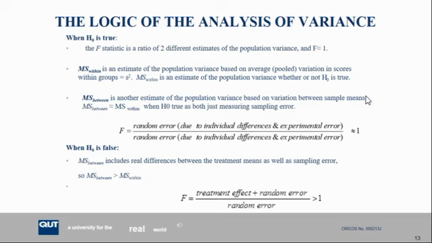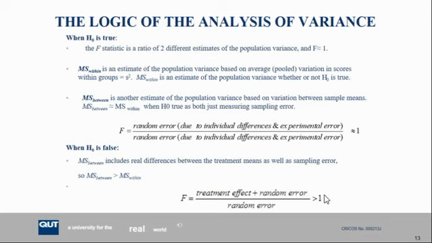However, if there is an effect of our IV, it will be much larger than our sampling error. So if you think about it, when the H0 is true and our null hypothesis is true, our F ratio is just random error due to individual differences over random error due to individual differences. So it will be close to 1. However, when the null hypothesis is false and our IV has actually had an effect, our MS between will be much larger than just a measure of sampling error.